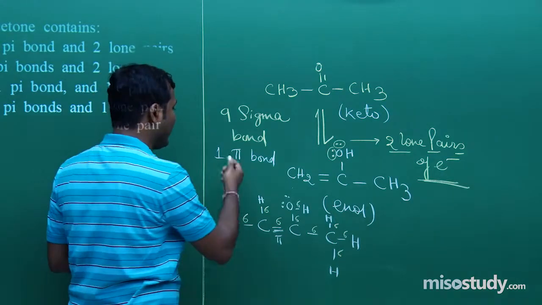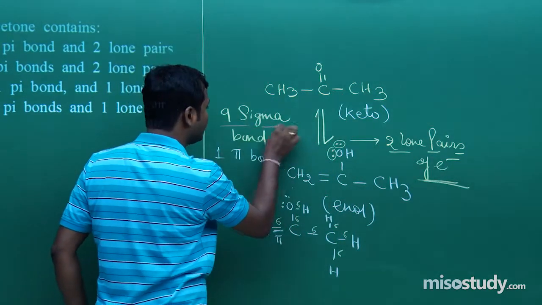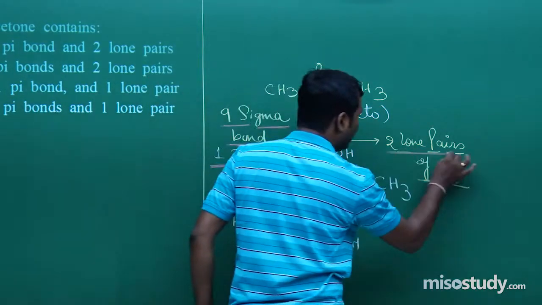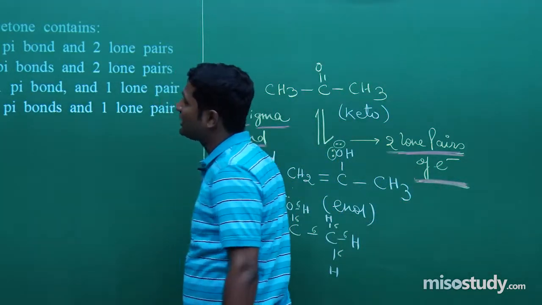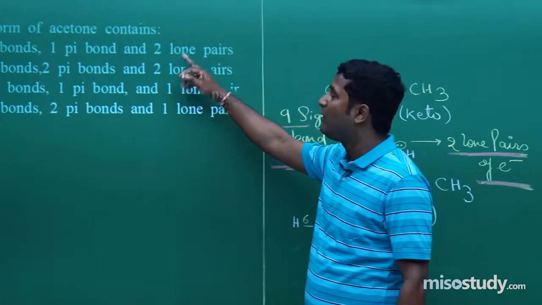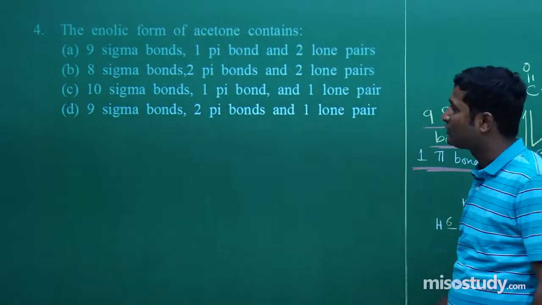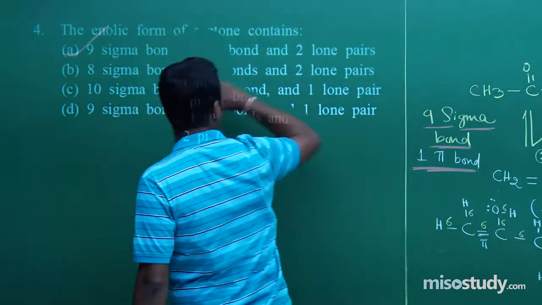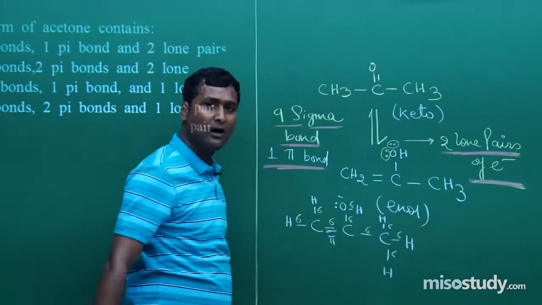So the complete answer is 9 sigma bonds, 1 pi bond and 2 lone pairs of electrons. So for question number 4, A is the correct option. Again check, 9 sigma, 1 pi and 2 lone pairs of electrons.